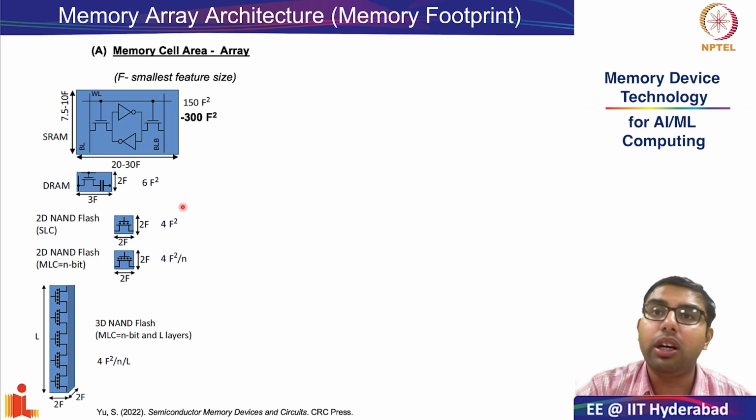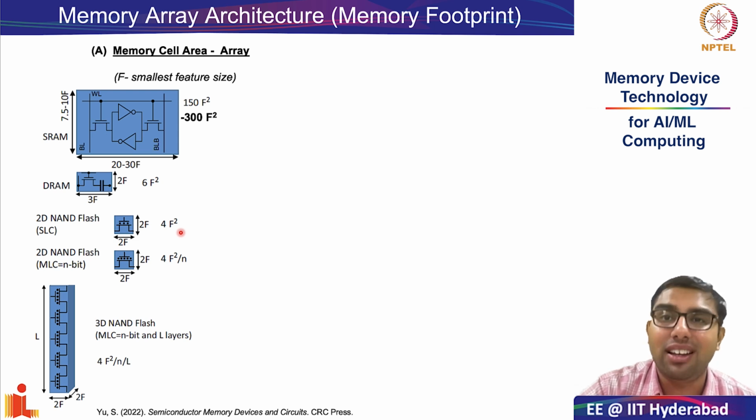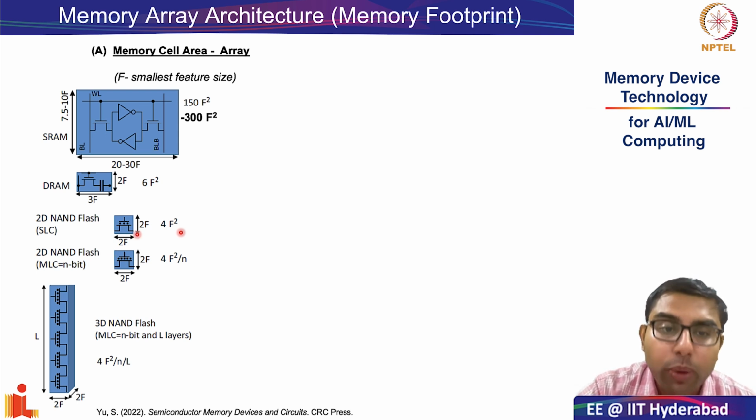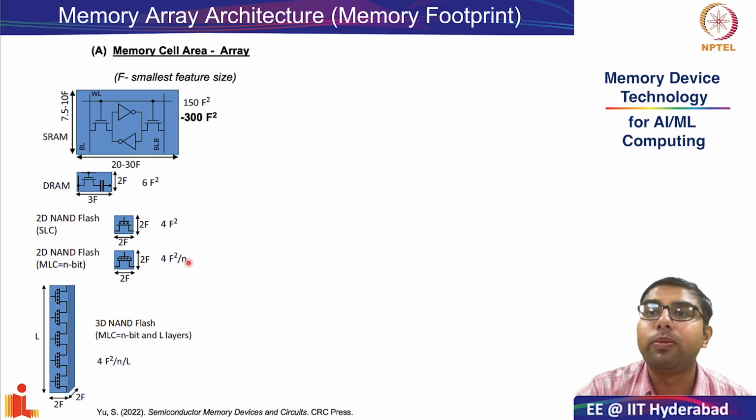While we were studying the innovation trends in NAND flash technology, we saw that you were not only trying to reduce this value F and therefore reduce the 4F squared cell area, you were also trying to do bit scaling. That means within the same footprint, or the same NAND flash cell, you are trying to add more and more bits.